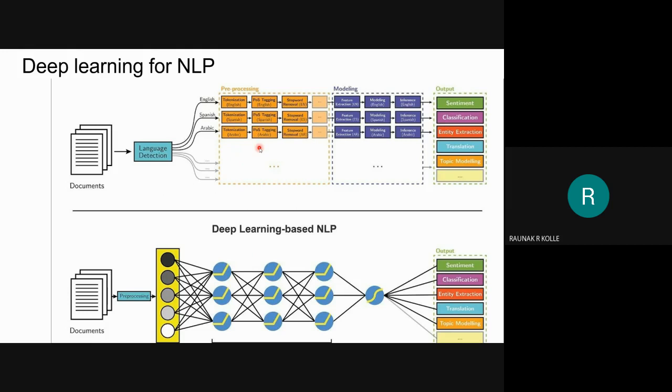For example, a particular word may be a noun, verb, and so on. Then we had the removal of stop words, which removed the unnecessary words which were redundant and which could reduce the size of the sentences. Then we have the feature extraction, modeling, inference, and the output.